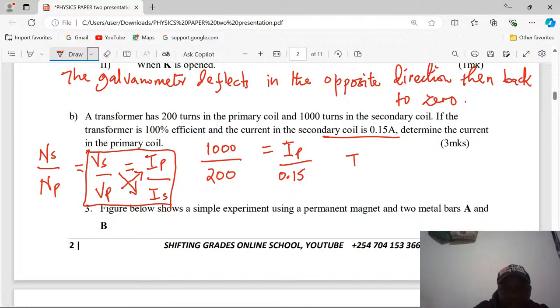So we can now get the current in the primary by cross multiplying: 1,000 times 0.15 divided by 200. This is going to be 0.75 amperes. So that is the current in the primary coil.